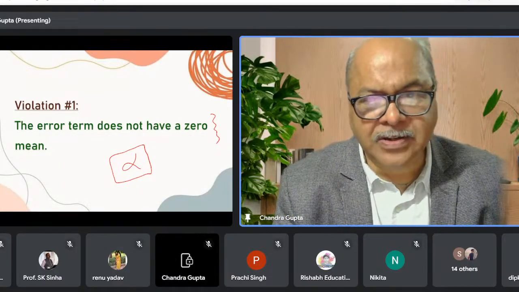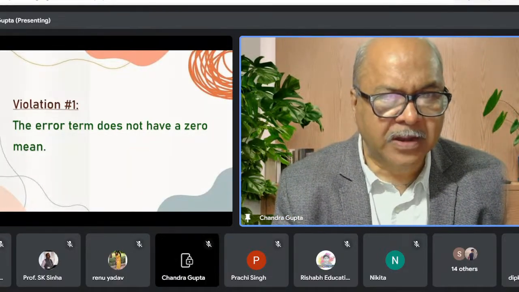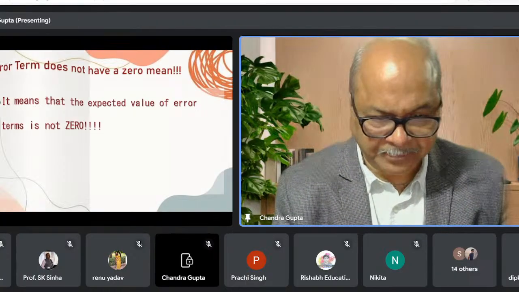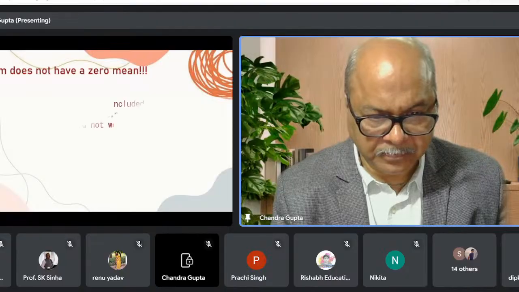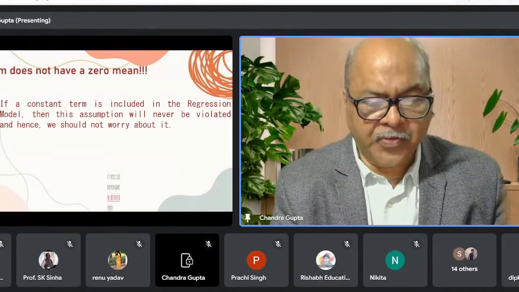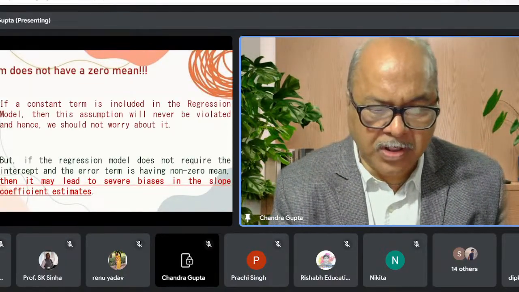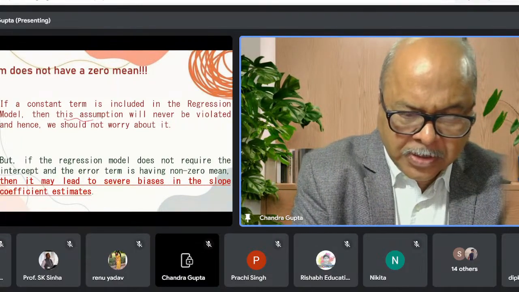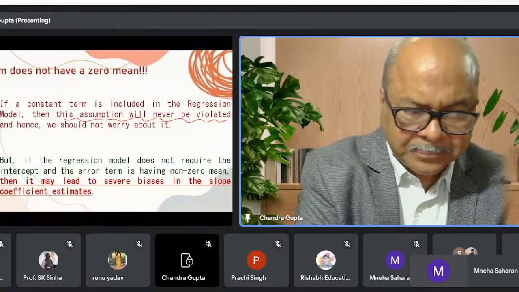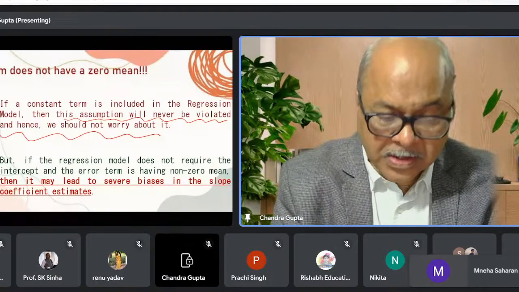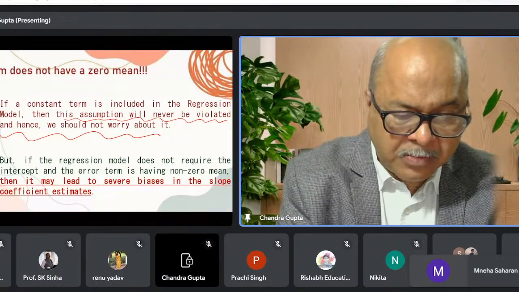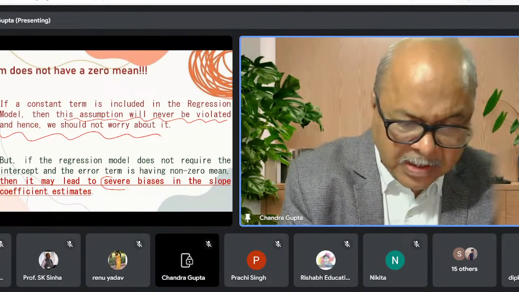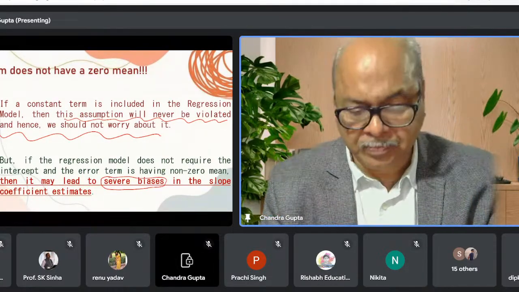If we don't have an intercept in the model, it may be possible that my estimates become biased. If a constant term is included in the regression model, then this assumption will never be violated, hence we should not worry about it. If we do not include an intercept and the error term does not have a zero mean, it may lead to severe biases in the estimation of the slope.